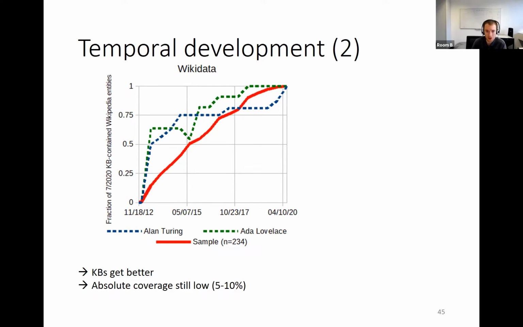And we see that there's a continued progress. For the popular entities, it's a steep progress in the beginning. They were captured early, and later on not much more was added, but for the bigger sample we see a steady progress. What this plot hides is that the absolute coverage is still low. This is all normalized with respect to what is present as of 2020. But from all the hyperlinked entities in Wikipedia, only about 5 to 10% are present in Wikidata as well.